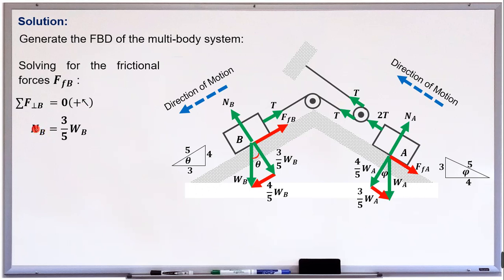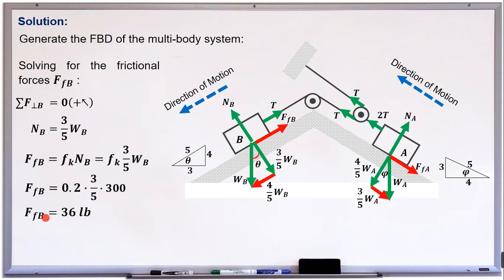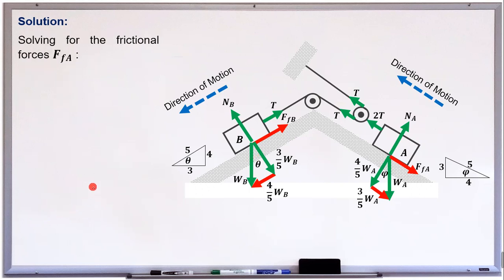So we have the normal force NB is equal to the normal component of the weight of block B, that's 3/5 WB. Next, the frictional force is equal to the product of the normal force and the coefficient of friction. So substituting the values, we have 0.2 for the coefficient of kinetic friction. Then we have 3/5 times 300. So we have a frictional force on block B equal to 36 pounds.